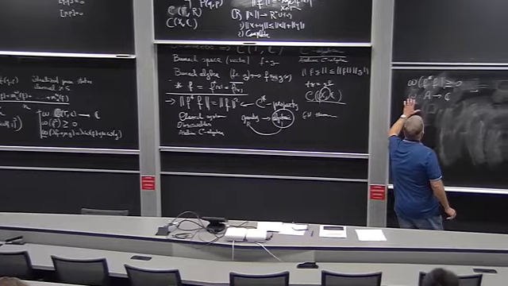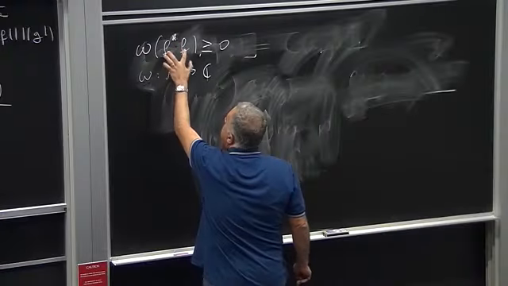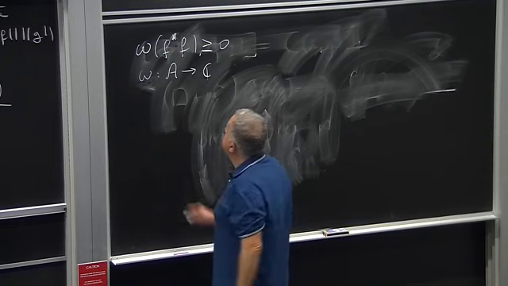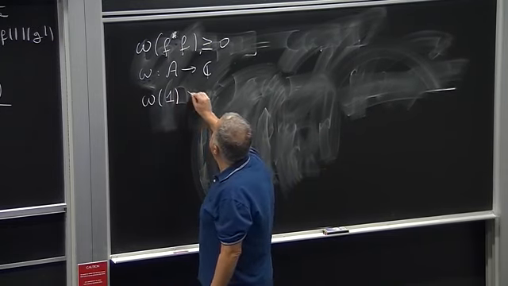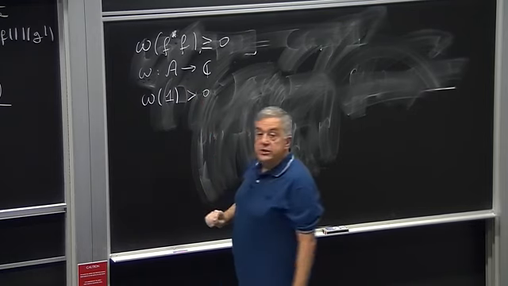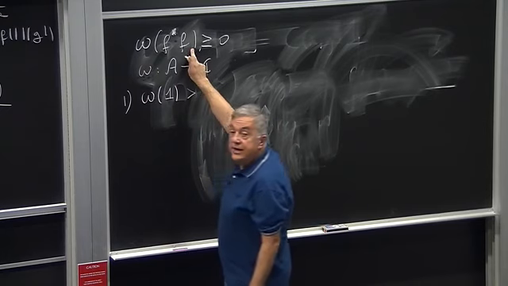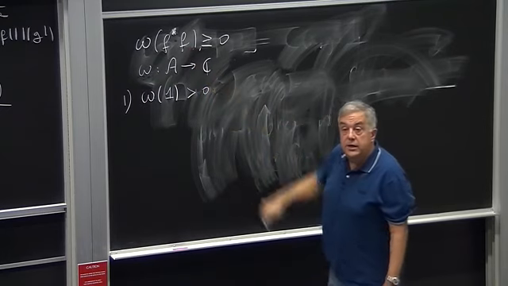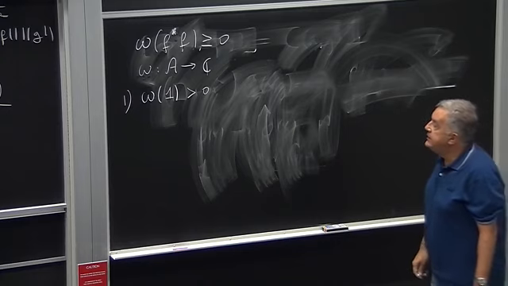So complex linear functionals, which are positive on positive elements, and this implies that omega of 1 has to be positive. You can prove this as an exercise from this property.